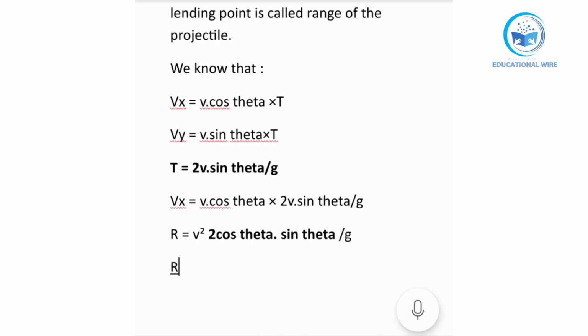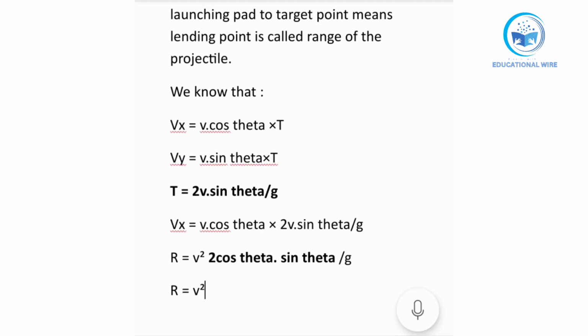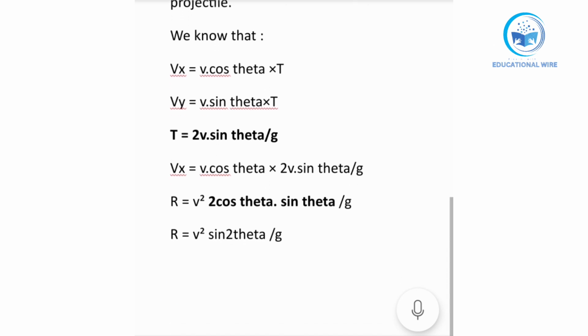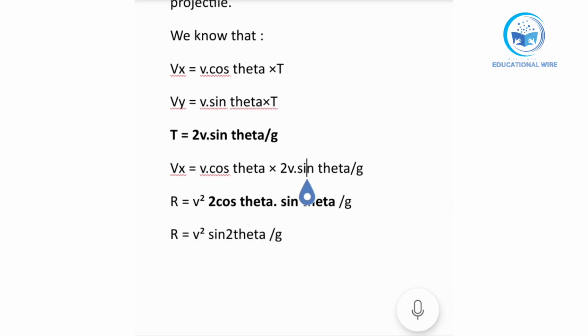So here we will put r is equal to v square sine 2 theta upon g. Okay, so r is equal to v square sine 2 theta upon g. Okay, so here we have received our formula to find the range of the projectile, how to calculate the range of the projectile.